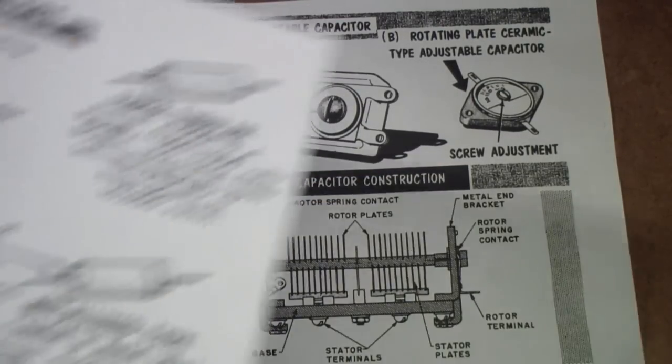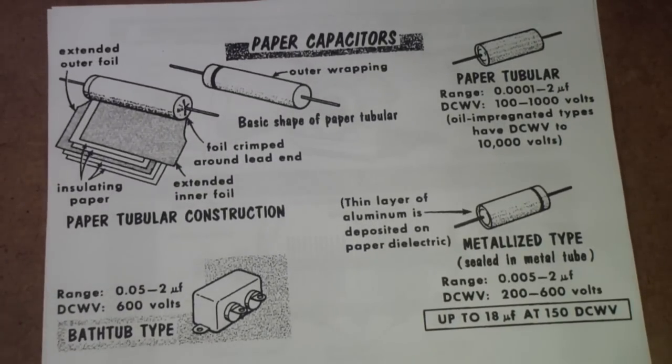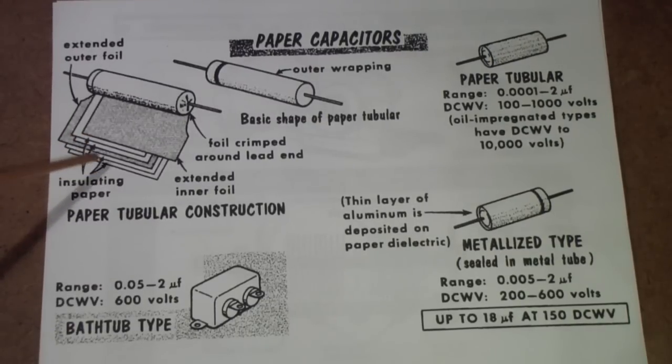Now, paper capacitors generally are built like this, and you'll see them in different types. Generally, the tubular paper capacitor is made by putting insulating paper and foil. A layer of foil, then a layer of insulating paper, then another layer of foil, and so on.